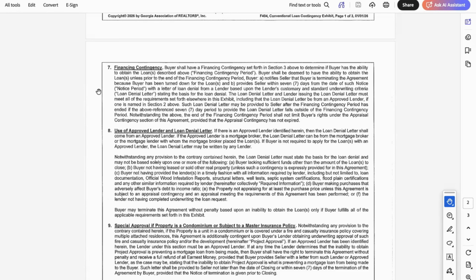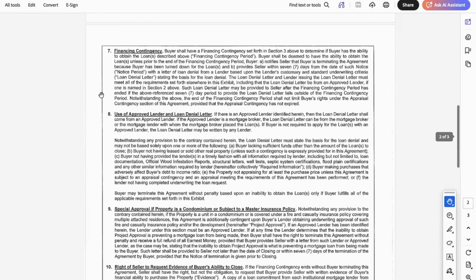Loan denial letter requirements: it must be from a qualified lender, must meet exhibit requirements, and may be delivered after the financing deadline if within the 7-day window. This is very important. If buyer misses deadlines or fails to provide a proper denial letter, the financing contingency is waived.